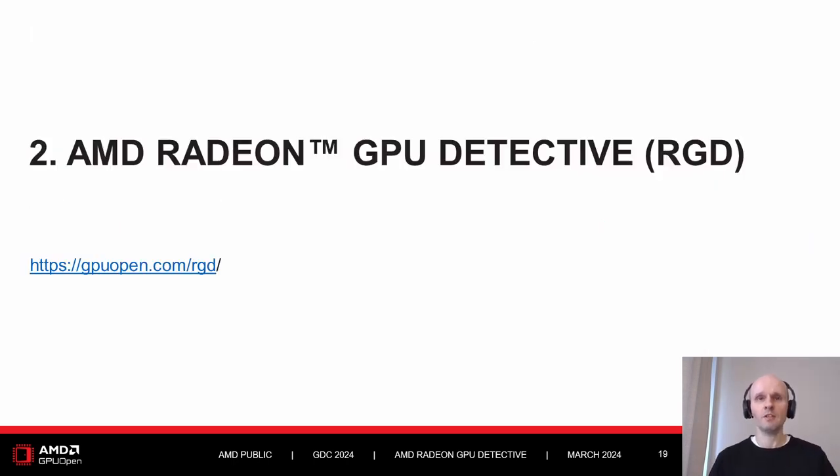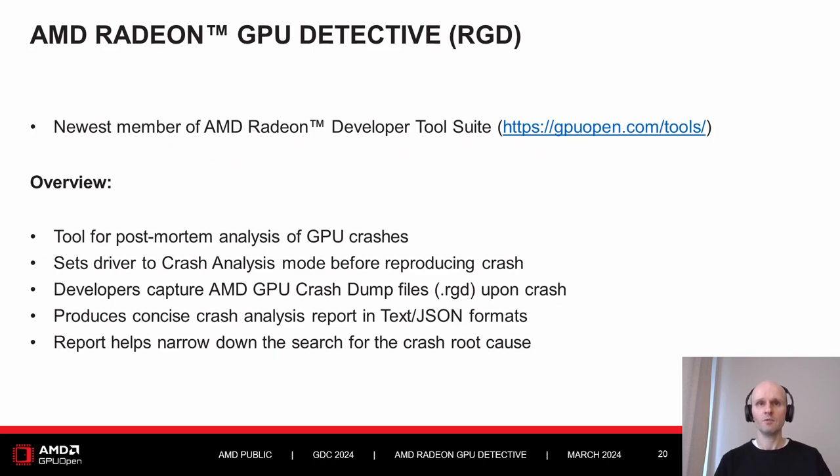Now let's talk about Radeon GPU Detective. Radeon GPU Detective, or RGD for short, is our new member of the Radeon Developer Tool Suite. Together with the existing tools you may already know: Radeon GPU Profiler, Radeon Memory Visualizer, Radeon GPU Analyzer, or Radeon Ray Tracing Analyzer. It is a tool for post-mortem analysis of GPU crashes, which means that you need to set the driver to the special crash analysis mode before reproducing the crash.